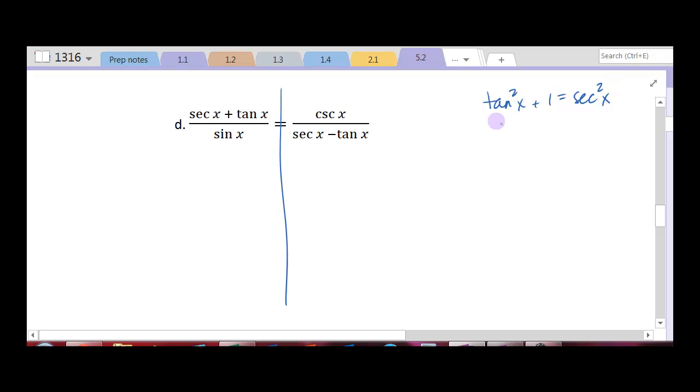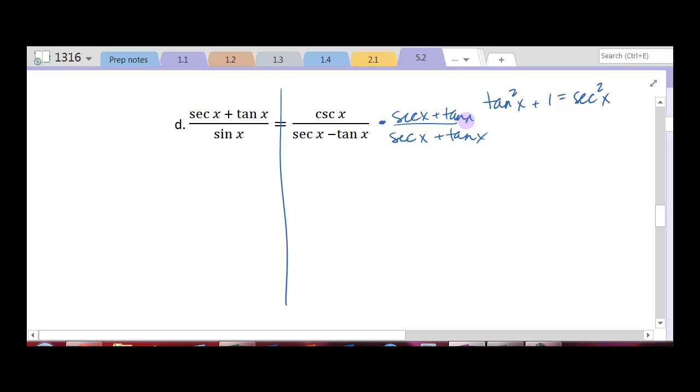So they're close, but this denominator is kind of like my identity, except everything in here is not squared. So what if I multiply by the conjugate, and I end up with, let's say, secant x plus tan x, secant x plus tan x.